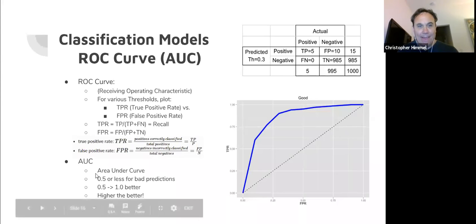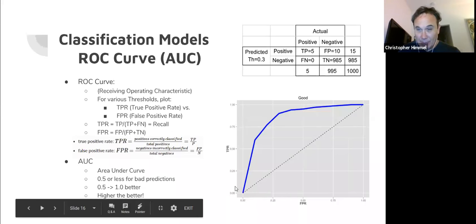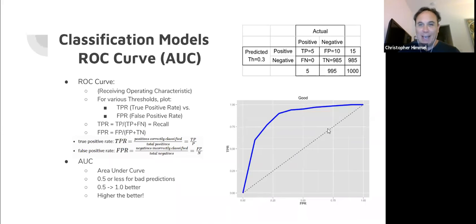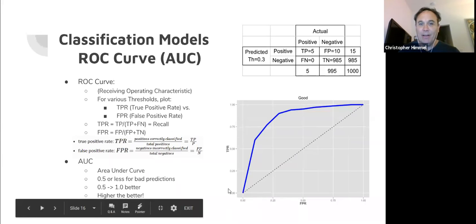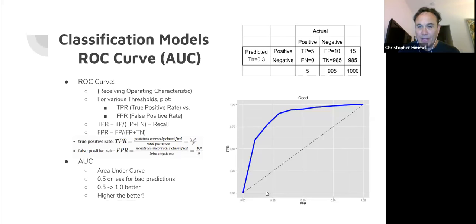And then there's this area under the curve, which we're going to show on the next slide. If you end up with a straight line across the middle, or even on the bottom side, then your model didn't tell you anything. It was just random, like it's untrained. So if the area under the curve is less than 0.5, if it's flat or going down, then you end up with bad predictions.